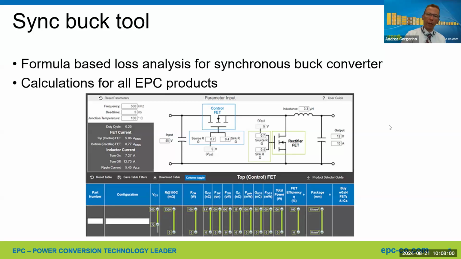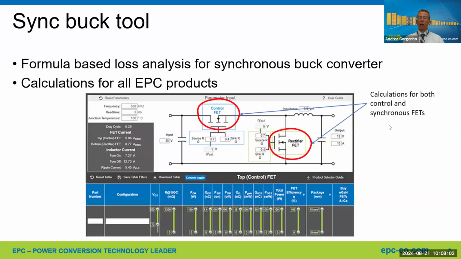But what you get out of it is now you have different calculations, for example, for the high side and low side, because they have different trade-offs in terms of switching and conduction losses, as well as a more detailed loss calculation. So you can really understand how some of the parameters affect different parts of the losses.